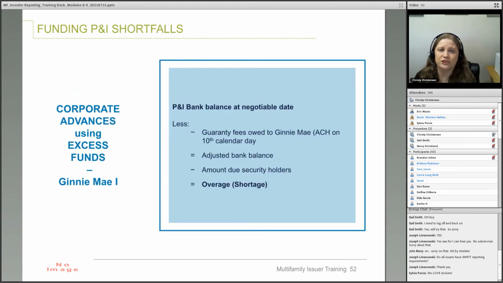Corporate advances using excess funds are calculated by taking the P&I bank balance minus guarantee fees, which gives you the adjusted bank balance. Then subtract the amount due to security holders. If this number is positive, you have an overage, and if this number is negative, you have a shortage.